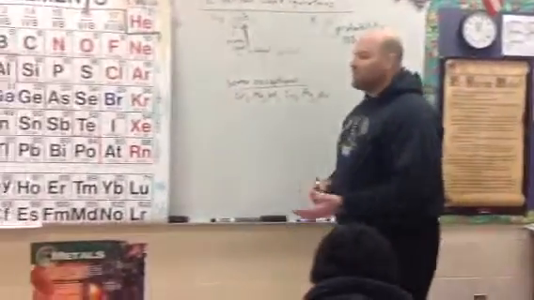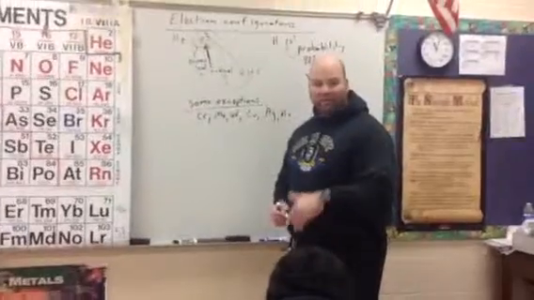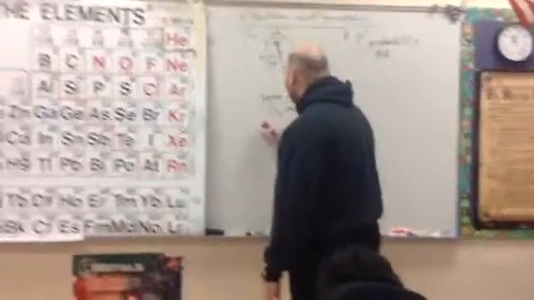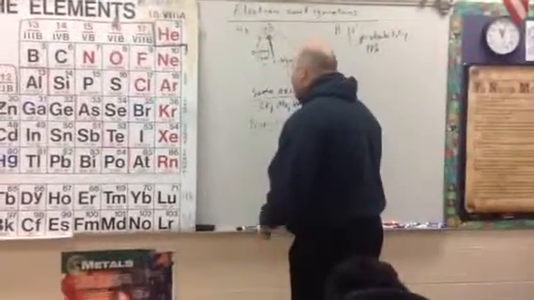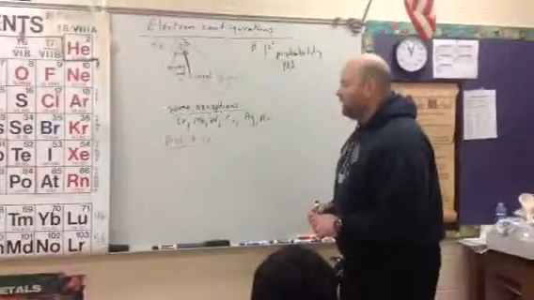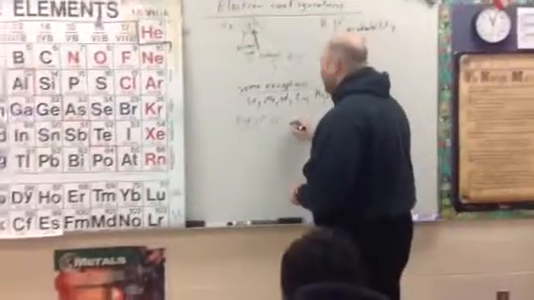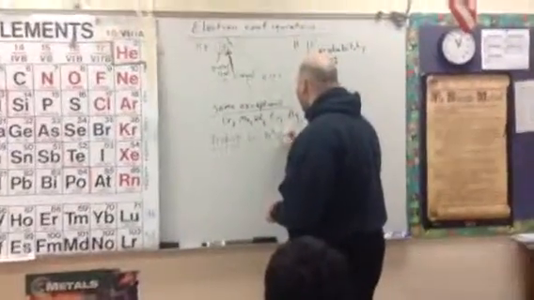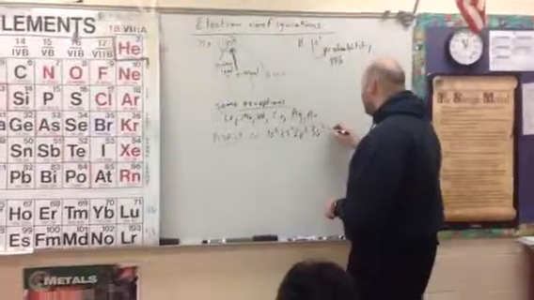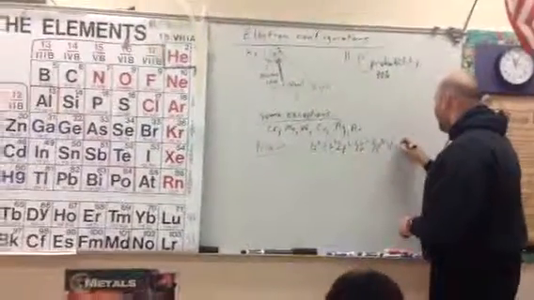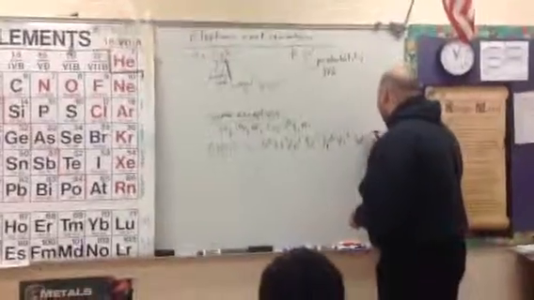So first let's look at what the wrong answer is, because that's going to help us understand what the right answer is. So what you would predict for chromium, and we'll actually write out the whole electron configuration for our chromium, would be 1s2, 2s2, 2p6, 3s2, 3p6, 4s2, 3d4.